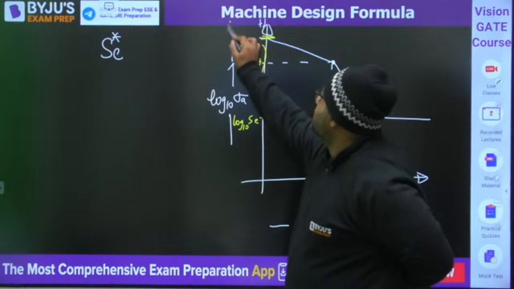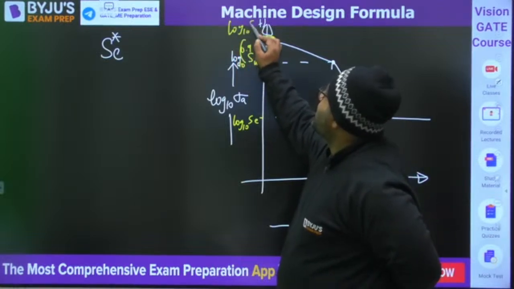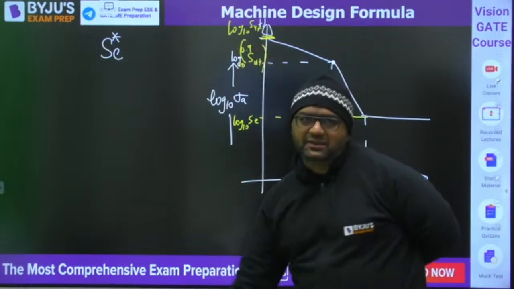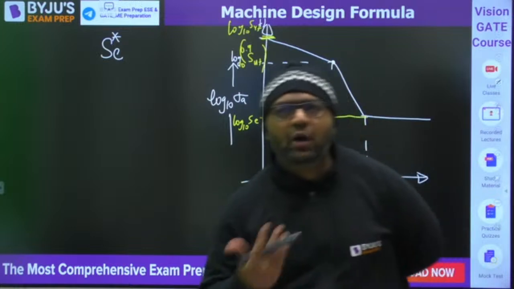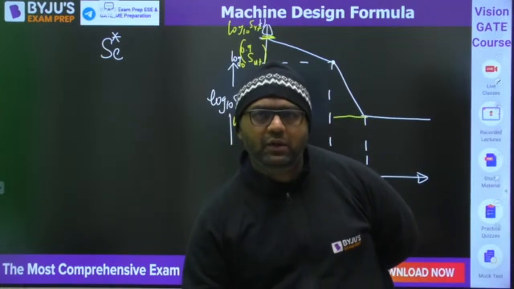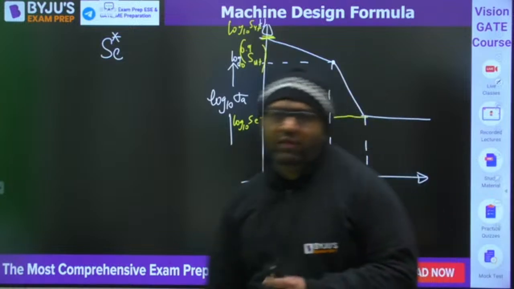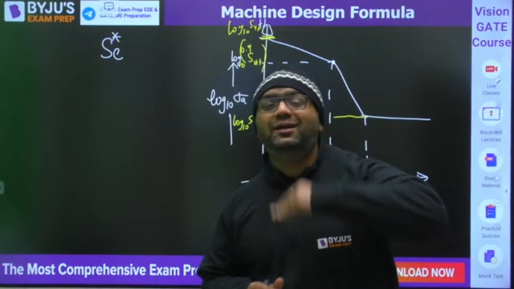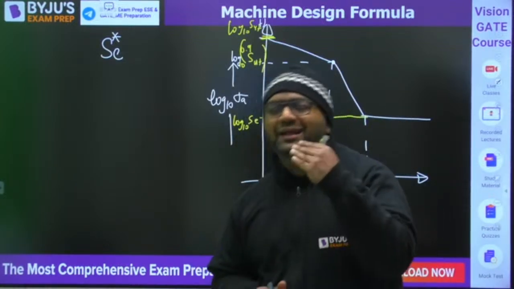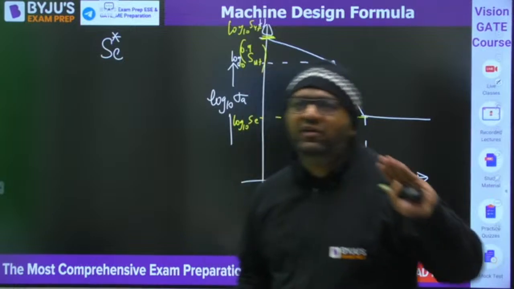So log base 10 SUT, because at that ultimate stress the material will fail without any revolution. When you apply stress more than ultimate stress, without any revolution, the material or the component will fail.